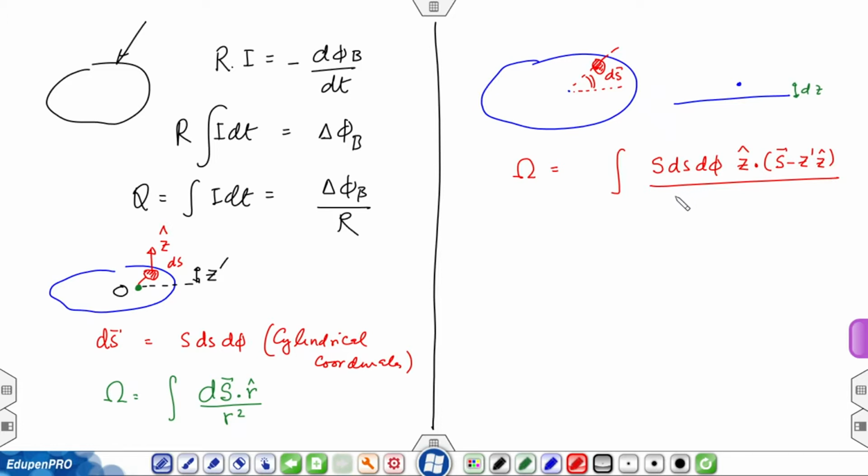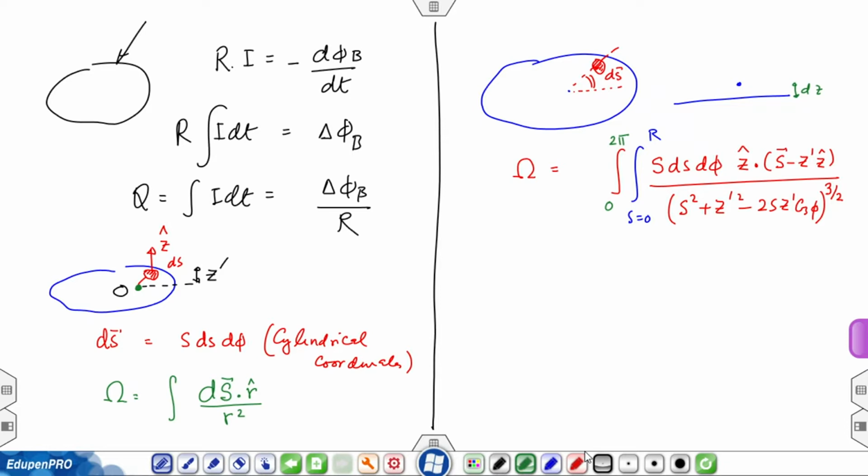That is going to be r square, which is s square plus z prime square minus 2 s z prime cosine of phi. This would have been the square, but since I have written this as a vector on top, it will become cube. So, it becomes 3 by 2. The integration for s is from 0 to some distance r, and the phi integration is from 0 to 2 pi. That is the answer.